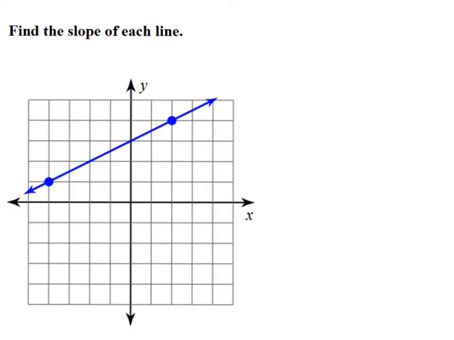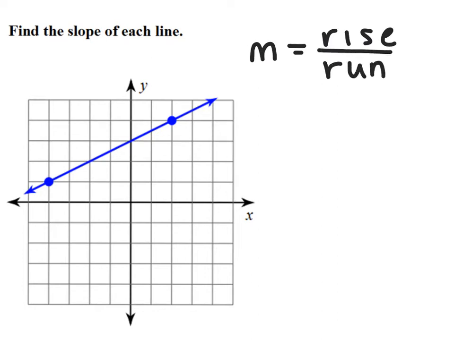Now, in order to calculate the slope from a graph, I have to figure out first what the rise is and what the run is. Your rise is going to be the movement up and down. So if I'm moving up, it's positive, and if I'm moving down, it's negative.